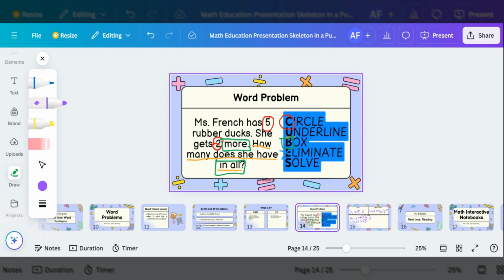This is just a very basic word problem that I would use end of kindergarten, beginning of first. But this strategy, the K&S chart, the cube method, can be used for any word problem that you have.